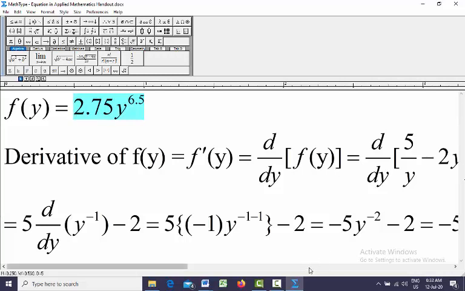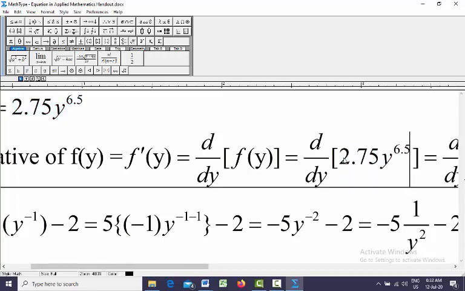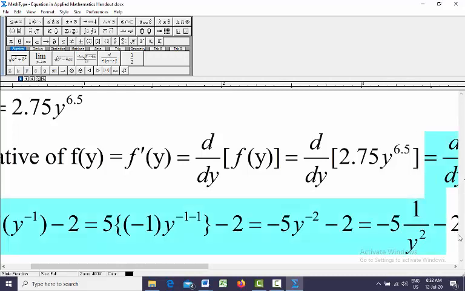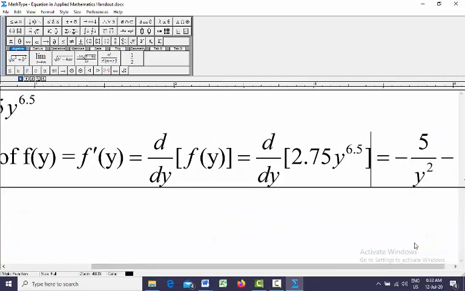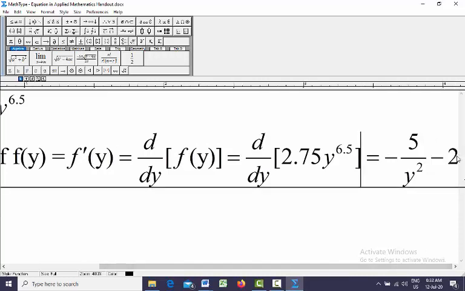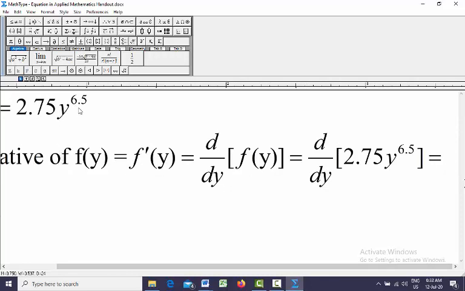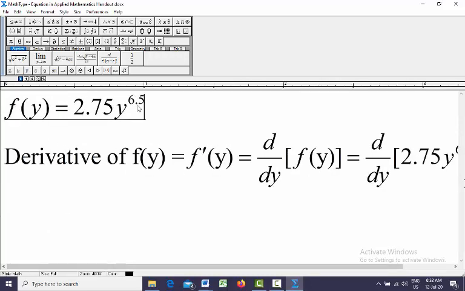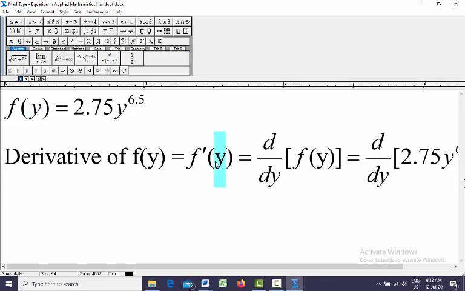So which means the function is this one, where the variable is y.